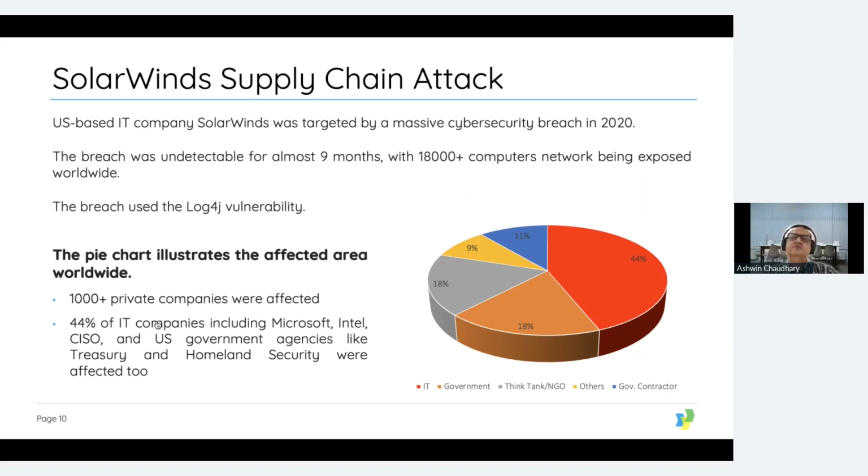So attackers used this Log4j vulnerability to get into the systems, and many companies, 18,000 computers, were impacted, many of them big names like Microsoft, Intel, including the US government, Homeland Security, were impacted with this vulnerability, right?